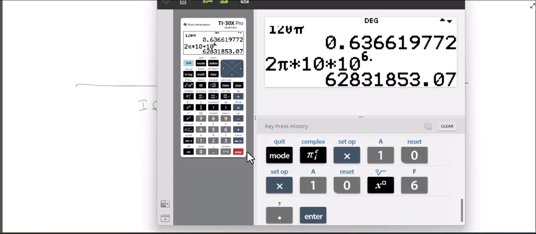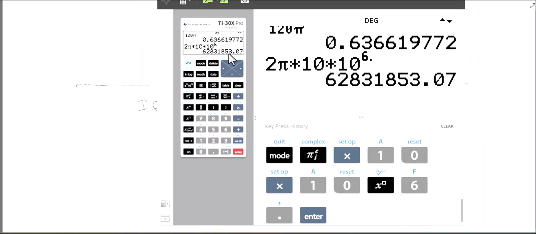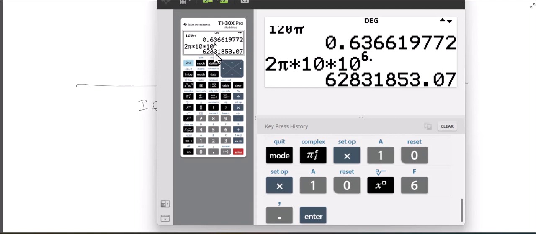That big number is 6.3 times 10 to the 7.